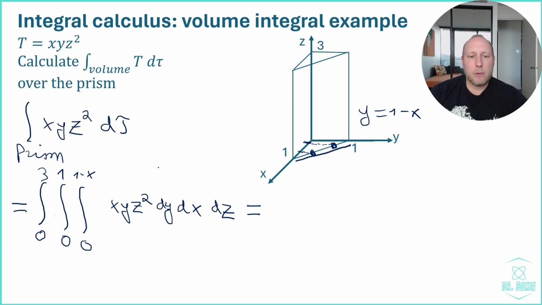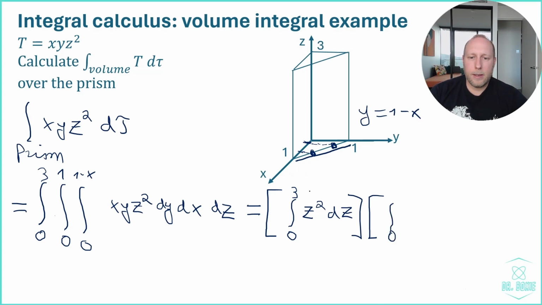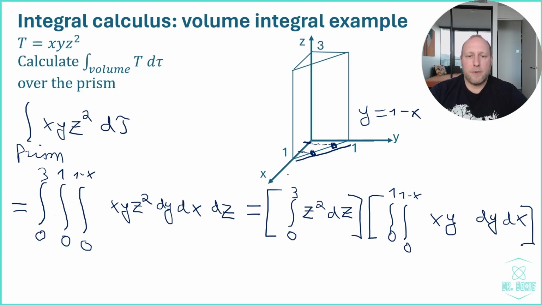So if we take the z squared out of the x and y integral, we are left with a product of, on the one hand, the z integral, so the integral going from 0 to 3 of z squared dz, multiplied with the double integral where x goes from 0 to 1 and y goes from 0 to 1 minus x of the integrand, which is in this case x times y. So we will calculate each of those.